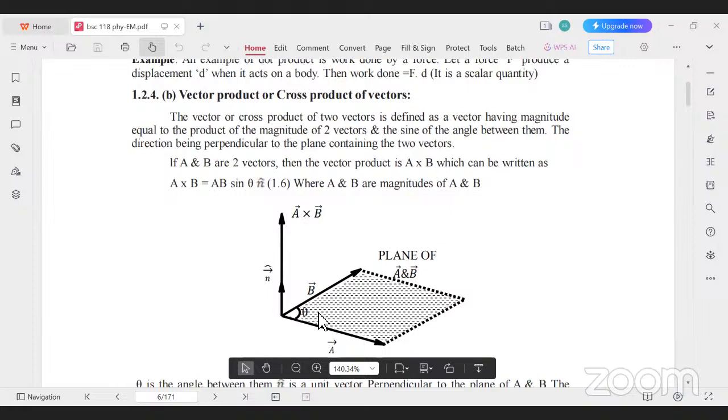If I am able to calculate for this plane, I can calculate for this one, and I can calculate for the whole circle. If I take the whole circle of the vector, I can find the direction this way, this way, this side, this side. The whole vector I can find.